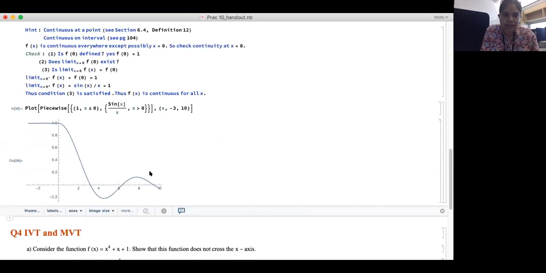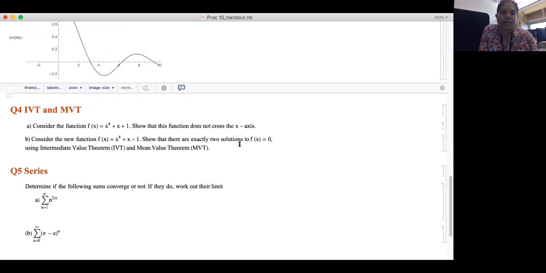Okay, that's the piecewise function. So on the right, it's sin x over x, and then on the left, it's 1, and then that's continuous at x equals 0. Any question? Is there any question regarding this?